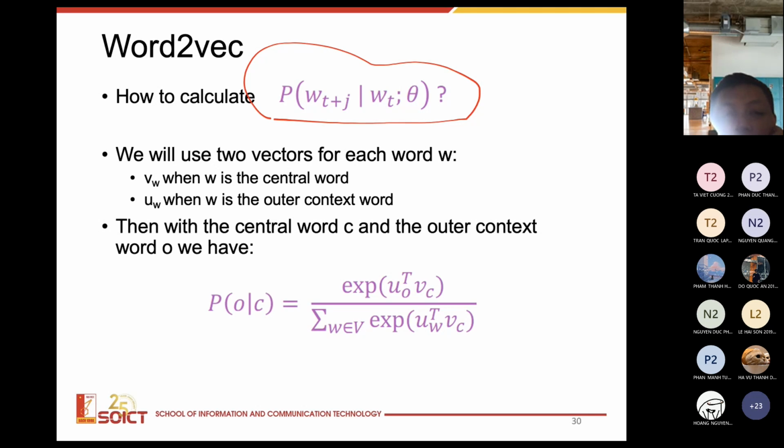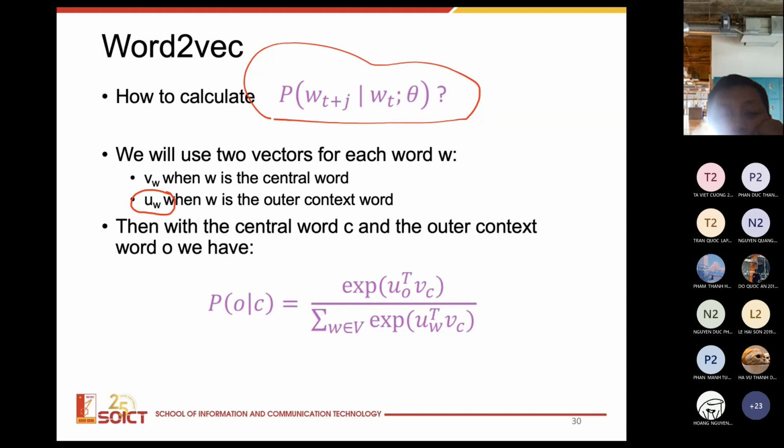If w is the center word we are considering, then w has the vector v_w, and when w is an outer context word, then we have the word vector u_w. This is the technique they use in the word2vec paper to make the computation more efficient.